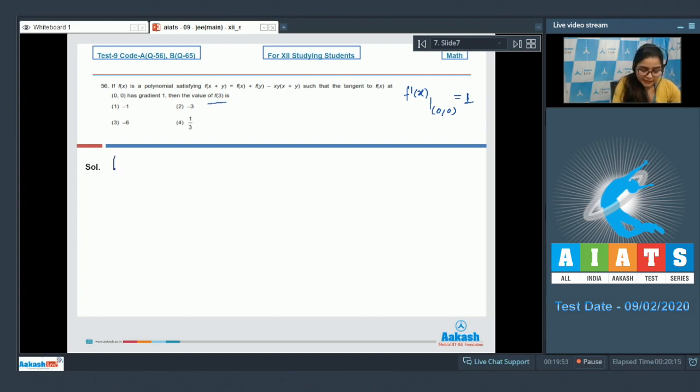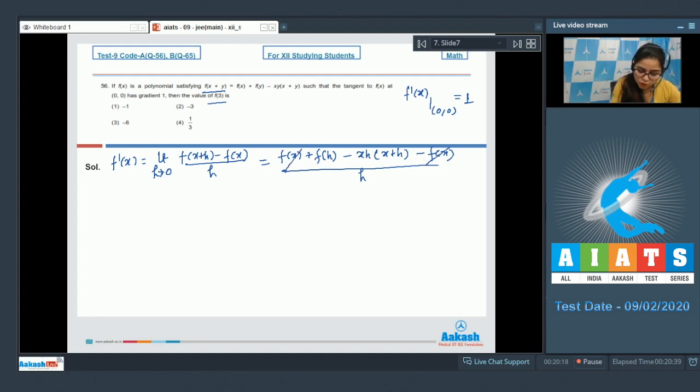So first of all, f dash x is equal to limit h tending to 0 of f of x plus h minus f of x, divided by h. So just write down the value of f of x plus h from this relation. This is f of x plus f of h minus x times h minus f of x, divided by h.